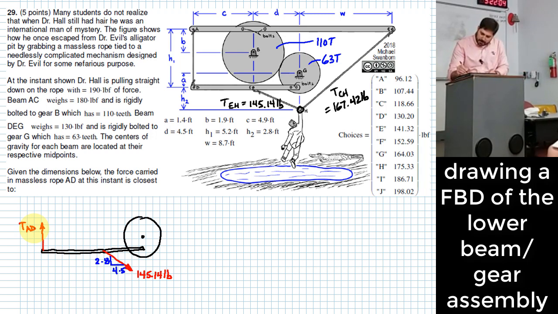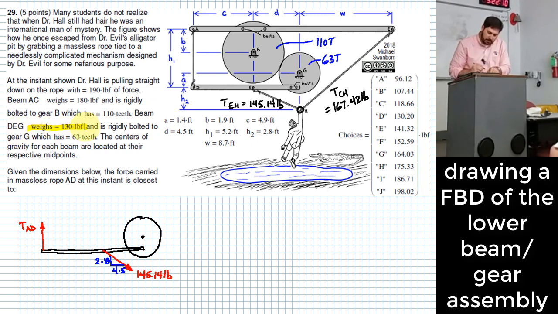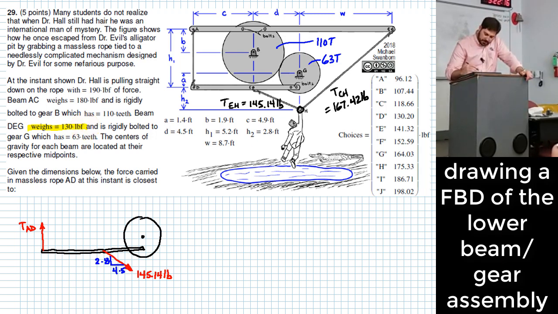Okay, up here, does it give us a piece of information? It says beam DEG weighs 130 pounds. So that means we probably need to take into account the weight of that beam, and it actually does tell us here somewhere.